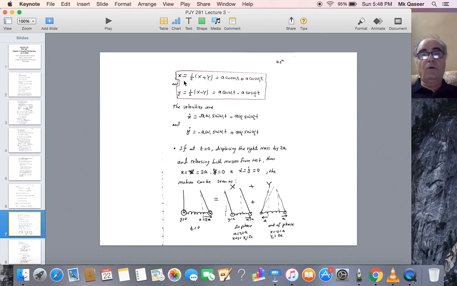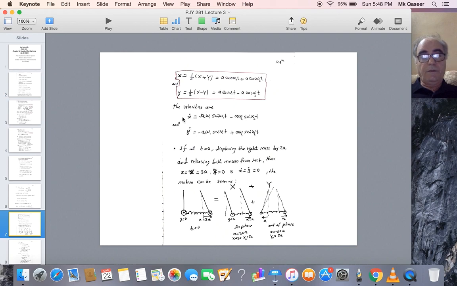Now for x small, we have one half of (X capital plus Y capital), which is a cosine omega 1 t plus a cosine omega 2 t. We have to add these two waves together. For y small, we have one half of (X capital minus Y capital), which is a cosine omega 1 t minus a cosine omega 2 t. We have to subtract these two waves.